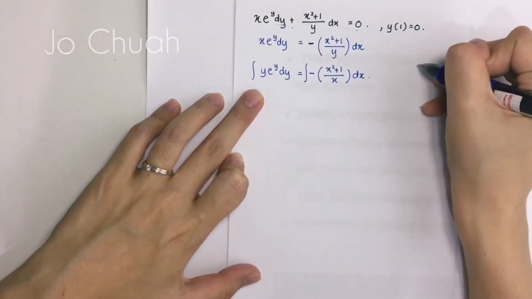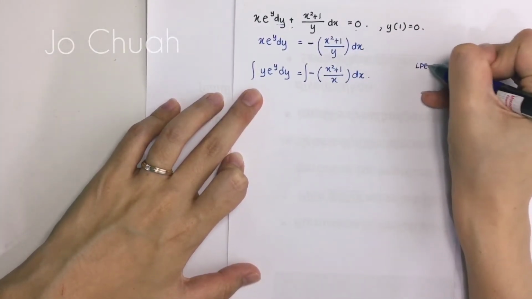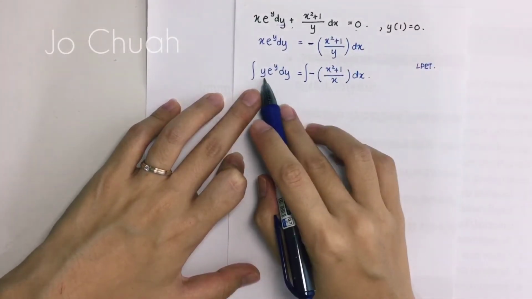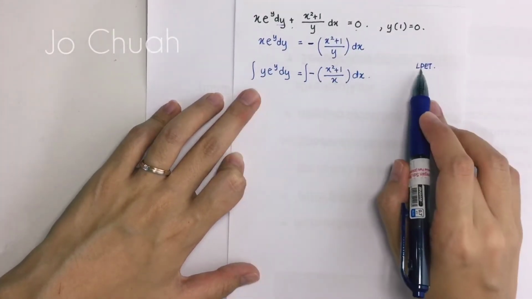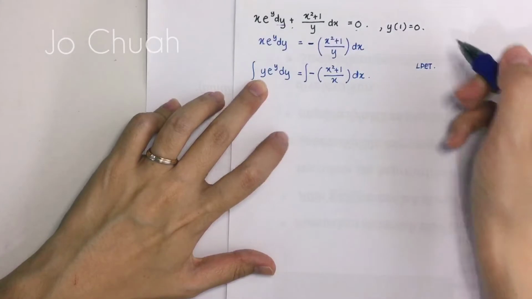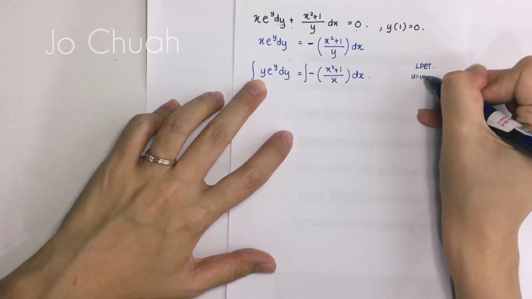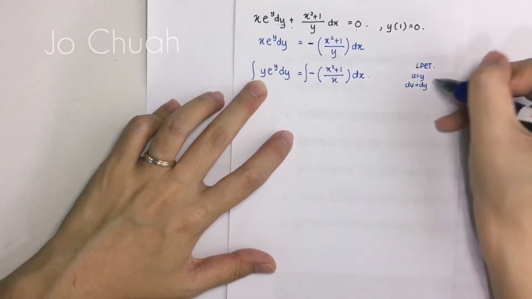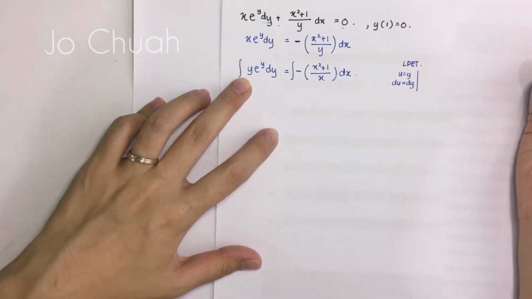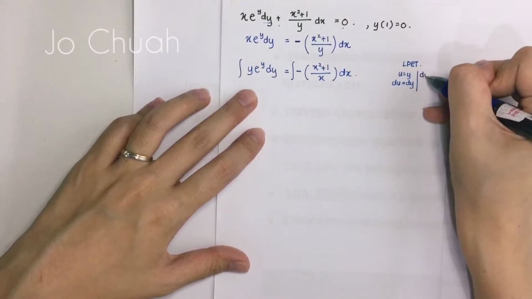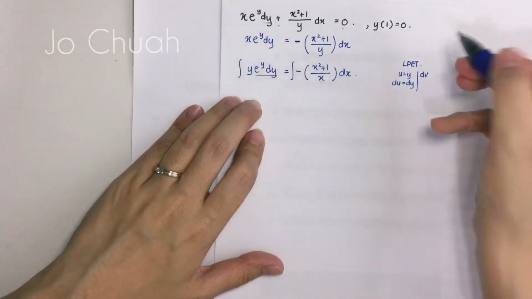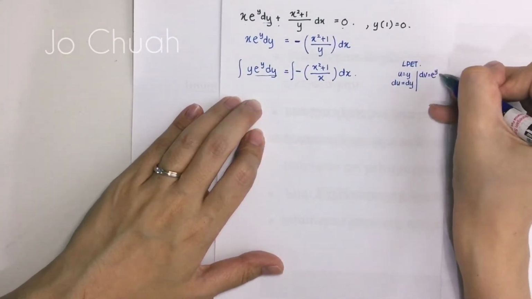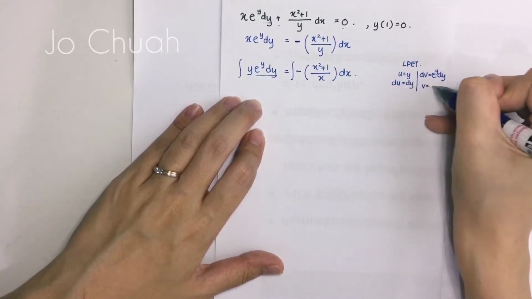So according to LPAT, you're gonna choose your u as the polynomial y here. So u is y, your du is dy. The dv, it's gonna be all this, so it's gonna be e^y dy, v is just e^y.